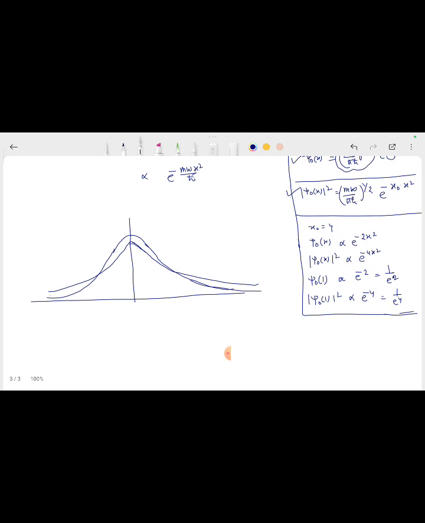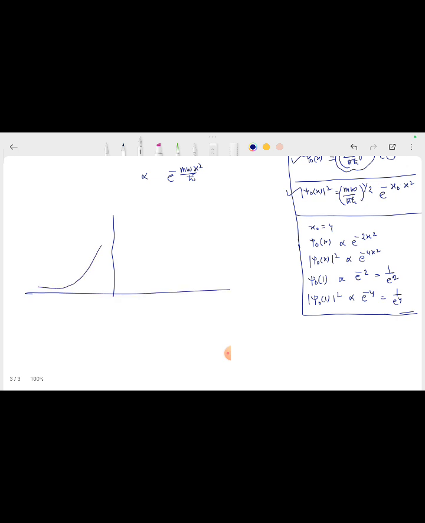It is also a Gaussian wave function. Please draw it in a proper way. Oh sorry, I drew a wrong wave function.